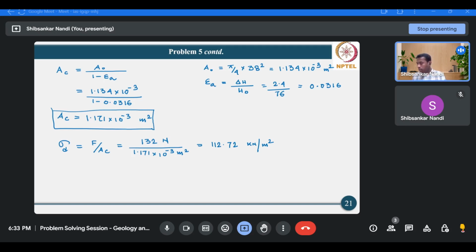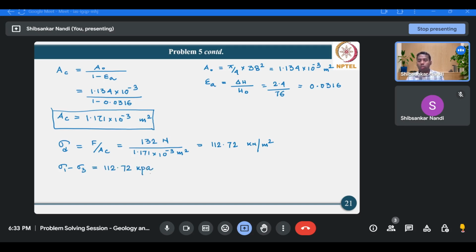So this is sigma 1 minus sigma 3, that is 112.72 kPa.